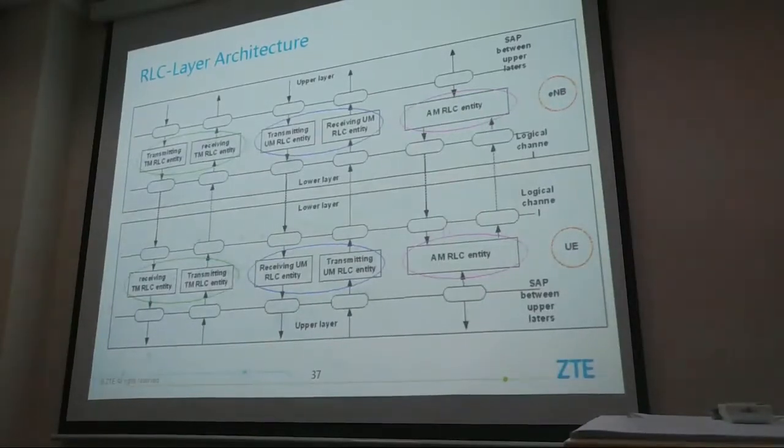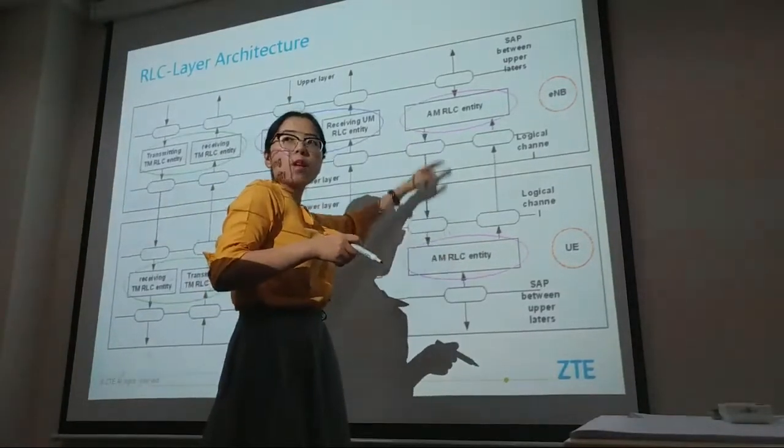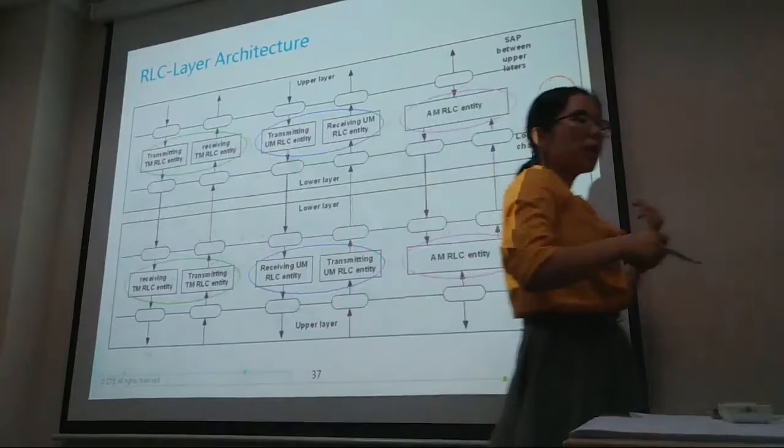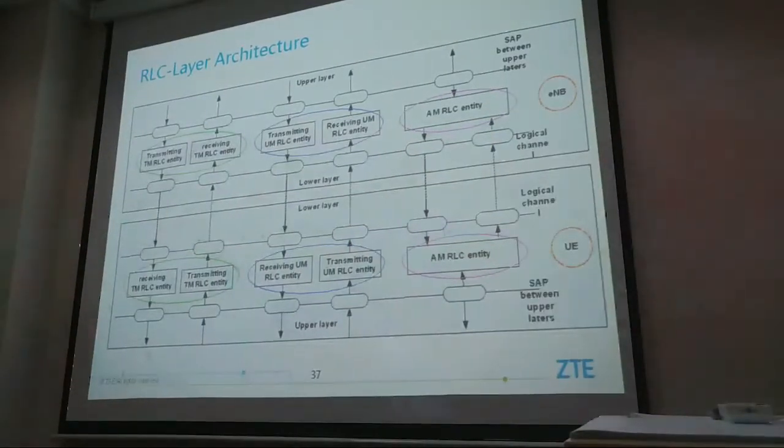So there is only one entity. From this structure, you can also know this is the RLC main function. I have three different transmission modes, and from the entity, for the TM and the UM, I don't need to give a feedback.